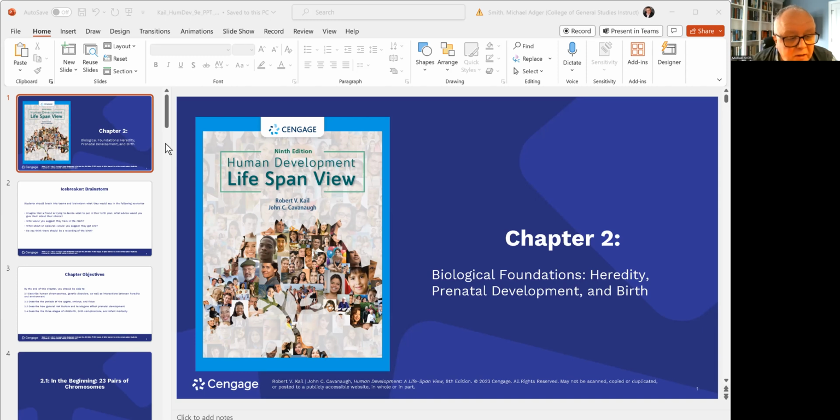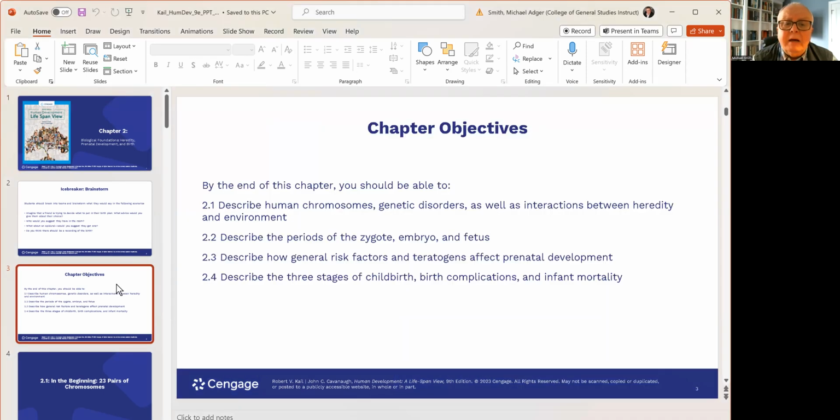By the end of this chapter, you ought to be able to describe human chromosomes, genetic disorders, as well as interactions between heredity and environment. You ought to be able to describe the process of birth from zygote to embryo to fetus, describe how general risk factors affect prenatal development, and describe the 3 stages of childbirth, child complications, and infant mortality.